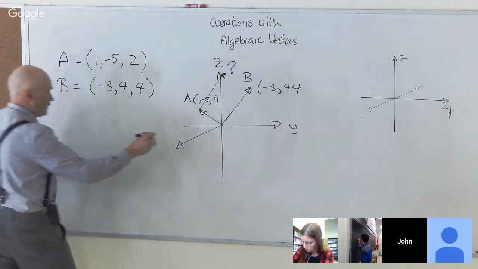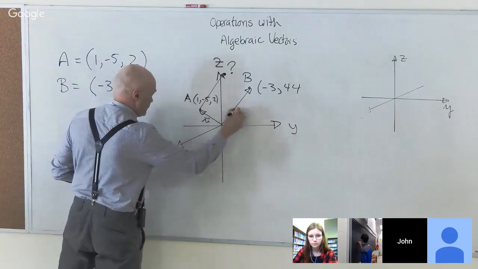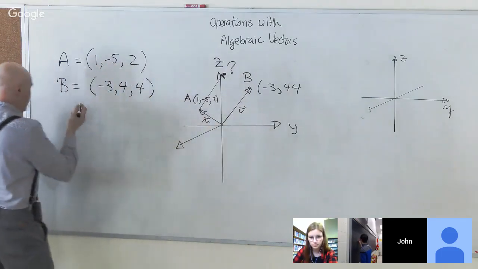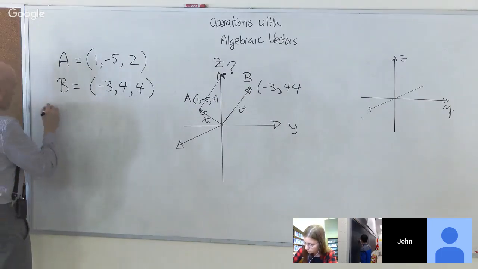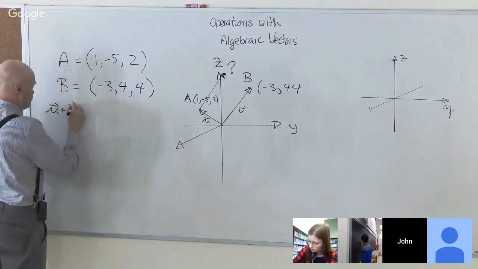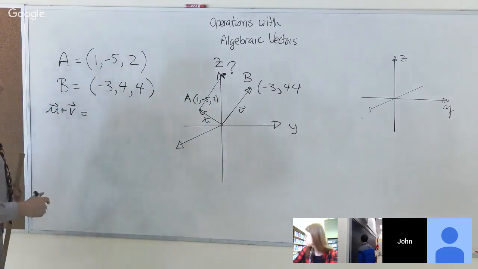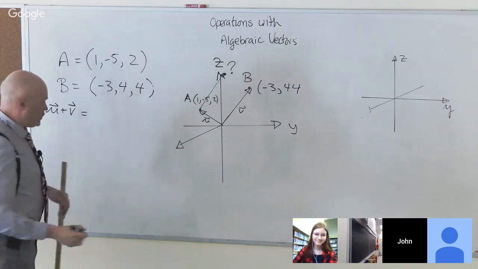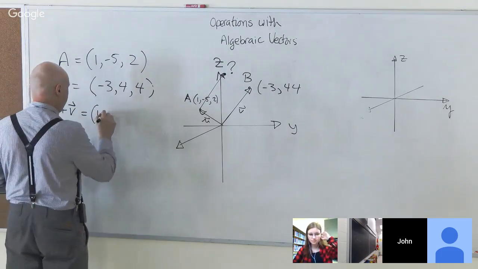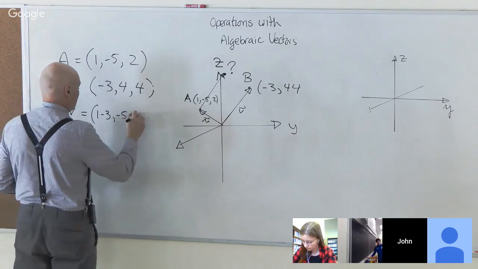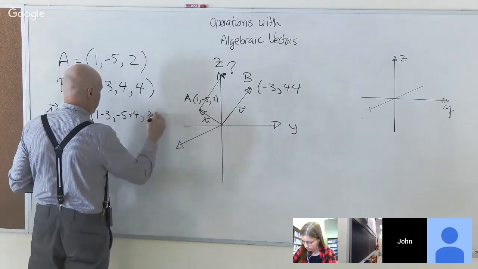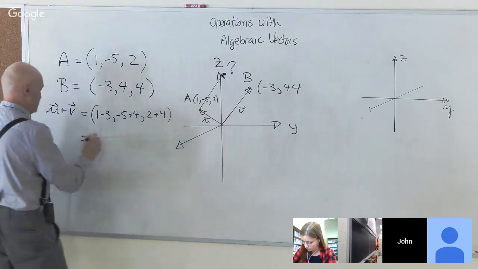So I'm going to call this one U, and I'm going to call this one V. And so the last point is going to be where U plus V is, okay? All right, so the x-coordinate is 1 minus 3, and -5 plus 4 is the y-coordinate, and 2 plus 4 is the z-coordinate, okay?